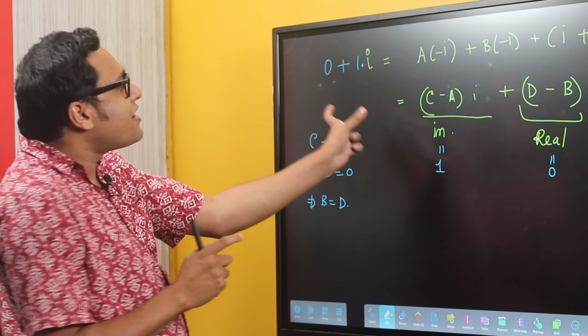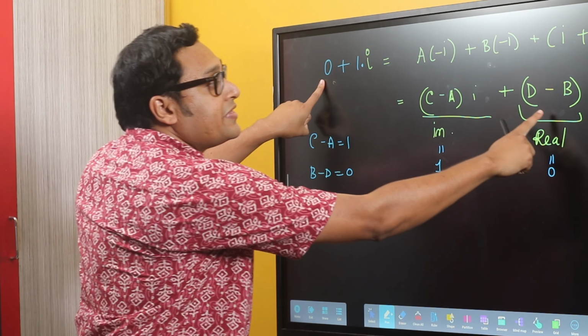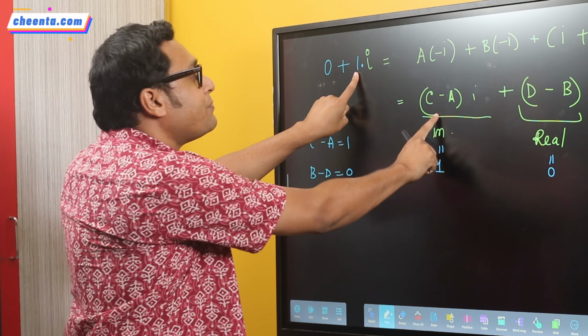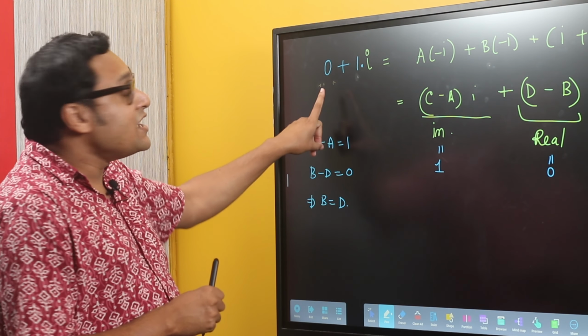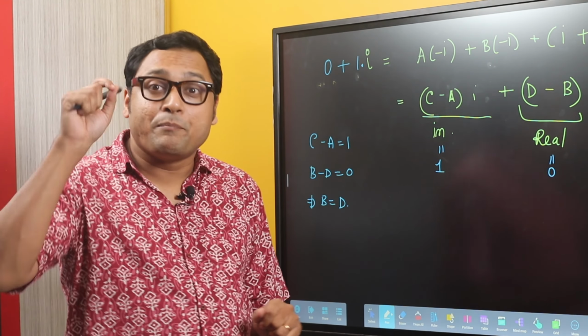I compared the real part with the real part, 0 with D minus B. I compared the imaginary part with the imaginary part. And then I computed what's happening. It's awesome because we can separate out the imaginary part and the real part. That's great. Okay, we can do the same trick by plugging in omega.